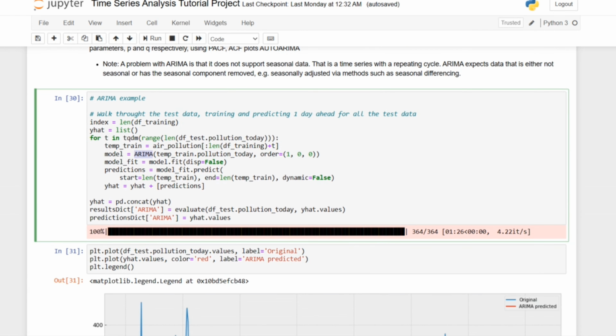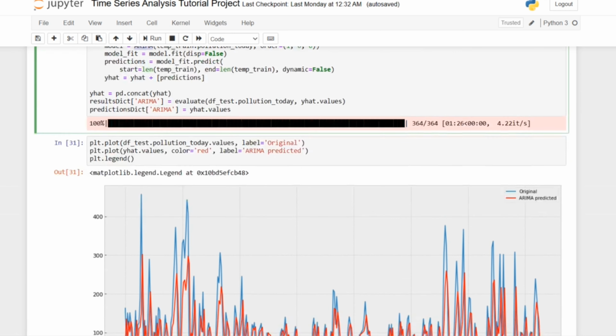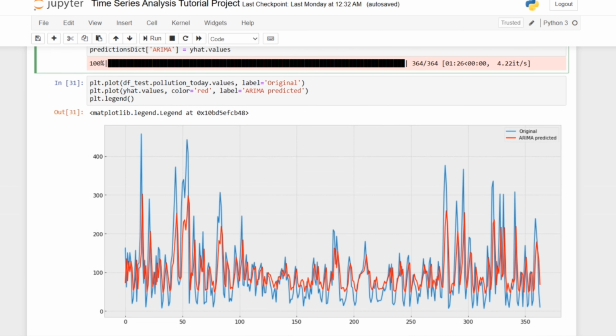So for the ARIMA model, you can see we have again code similar to the earlier. We are collecting the differences of the test and the train, the differences of the predicted values with the original values, into the ARIMA result dictionary, and the prediction values into the prediction dict. And when we plot, you can see a result similar to the ARMA model.